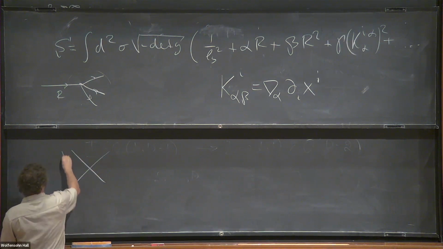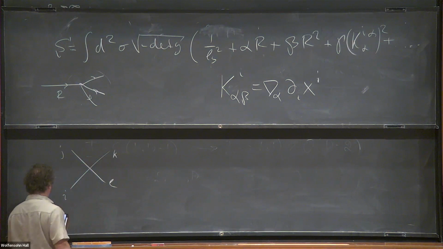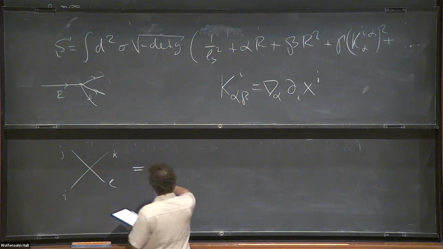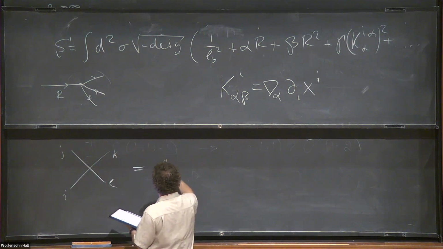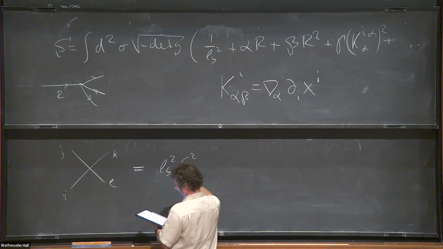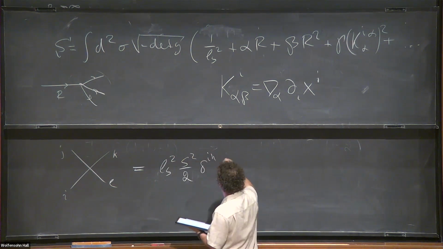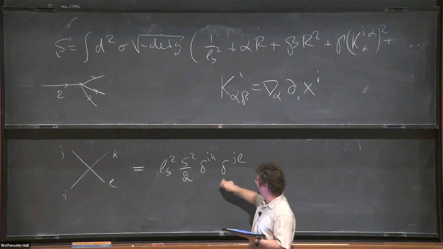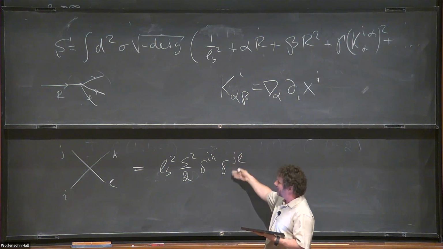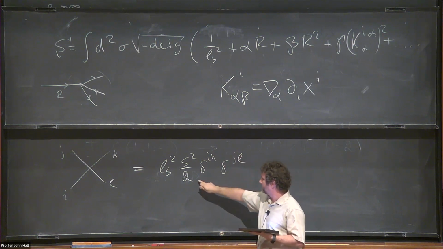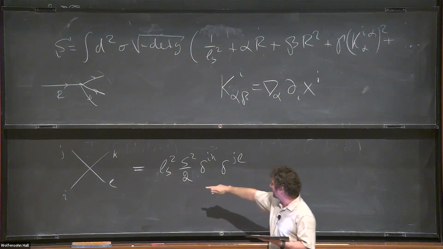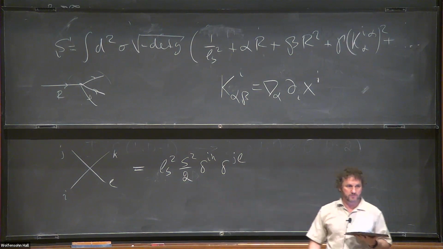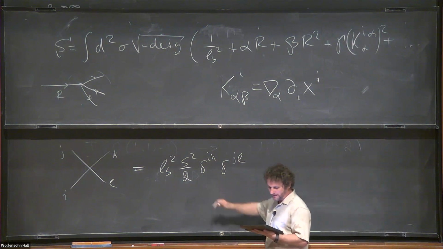These are flavor indices of my particles, and one finds the leading amplitude of this form, proportional to s squared, delta IK delta JL. So it's very simple. It tells us that there is no annihilation term. In principle, a general O(D minus 2) invariant amplitude could also have a term proportional to, say, delta IJ delta KL, but that doesn't happen in Nambu-Goto. So there is only pure transmission, and that's the answer one gets.